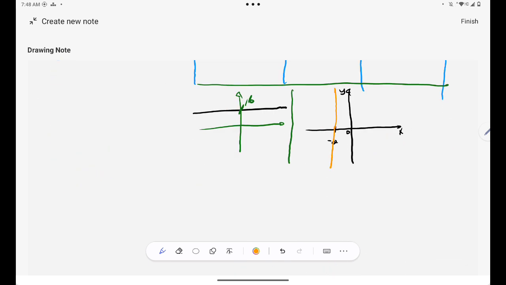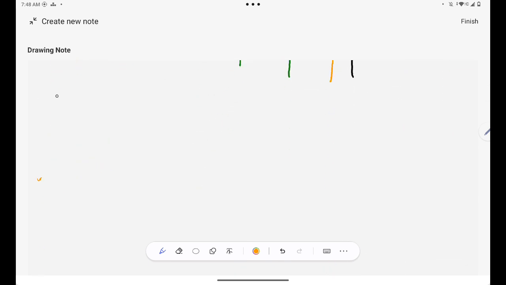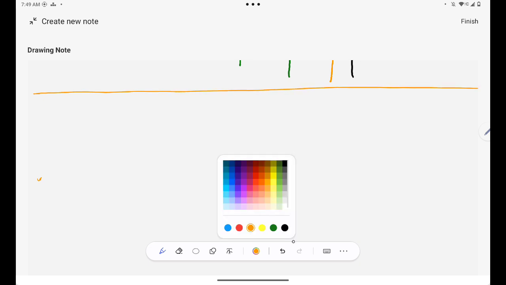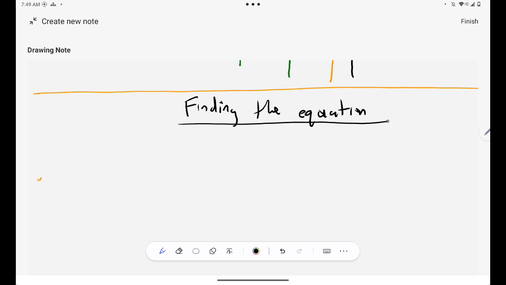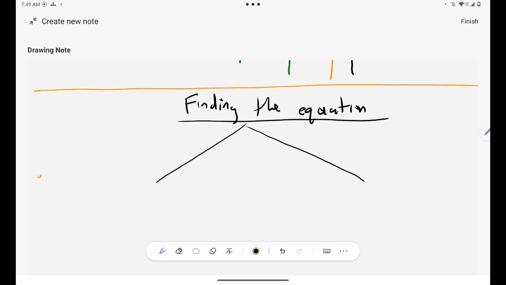Now let's learn how to find the equation of a graph. Finding the equation of the graph, there are only two things we need to find the equation of a graph.